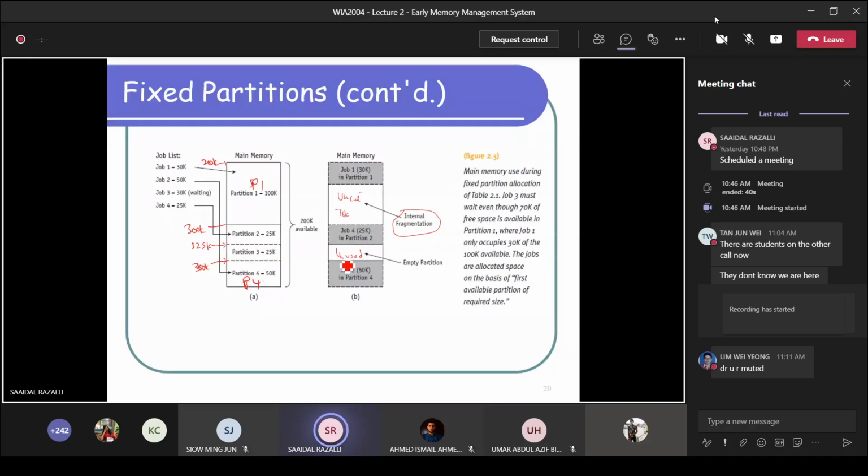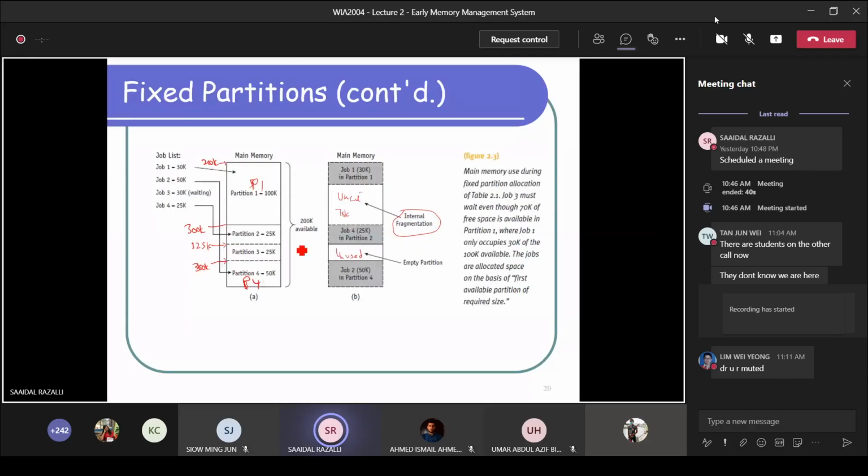For this one, partition 3 is unused because job 3 is 30K and cannot fit in 25K. This is not internal fragmentation, but still it is a waste of space, a waste of a memory block. So this is a fixed partition.